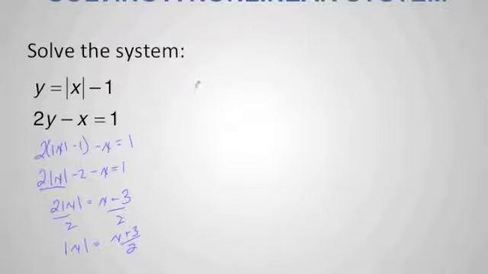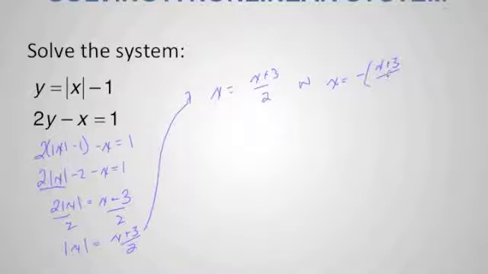Now I've isolated the absolute value. So from there, I know that x either equals (x plus 3) over 2, or x equals negative of (x plus 3) over 2. Cross multiply, now I have 2x equals x plus 3.